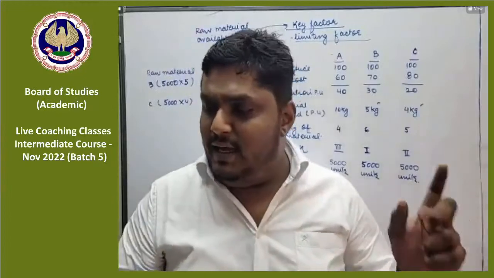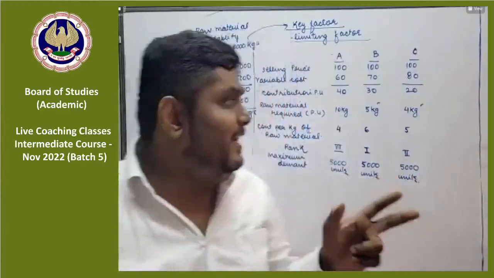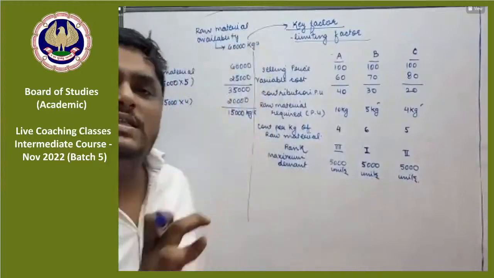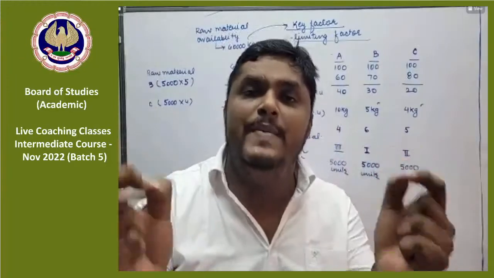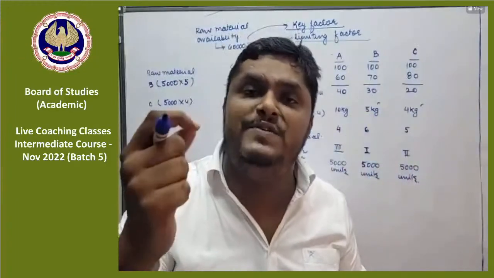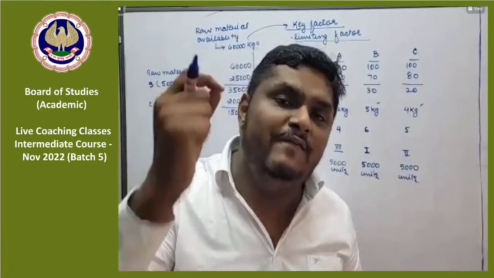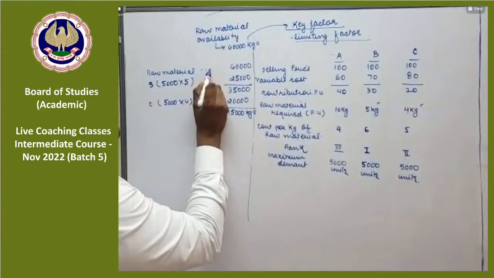I repeat again, guys. We have a limited supply of raw material, 60,000 kgs. So our decision will be based on contribution per kg of raw material, that is how much profit we are getting for every kg of raw material. So let's say 60,000 is the raw material availability.